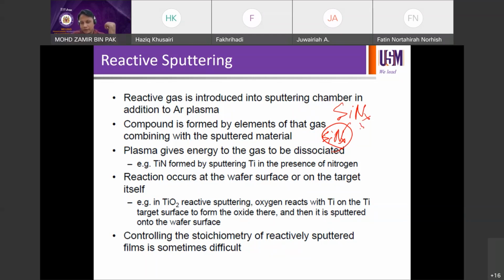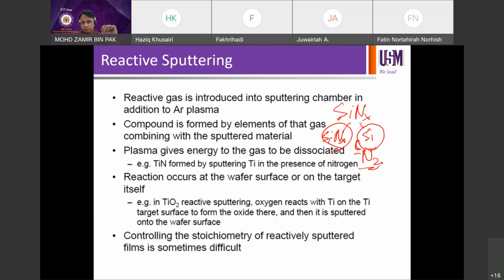Option number two is called reactive sputtering, where you use a silicon target, but then you inject nitrogen gas into the chamber and induce a reaction between silicon and nitrogen at a certain flow rate. Then they will react, producing silicon nitride as a result of reactive sputtering between the silicon target and nitrogen gas.